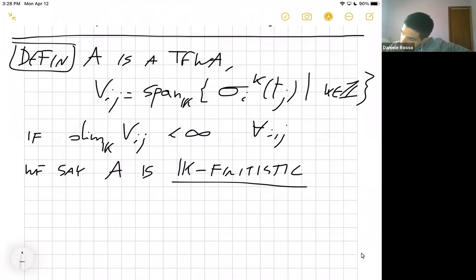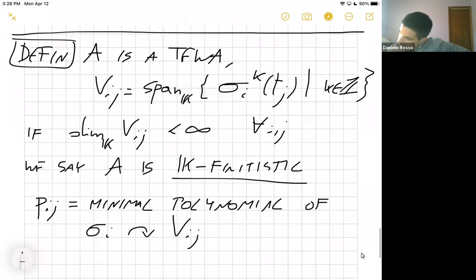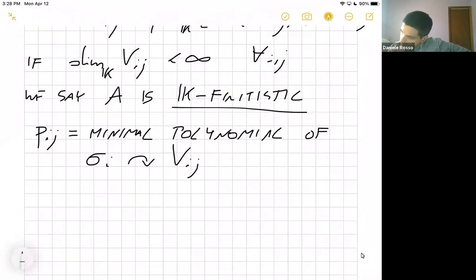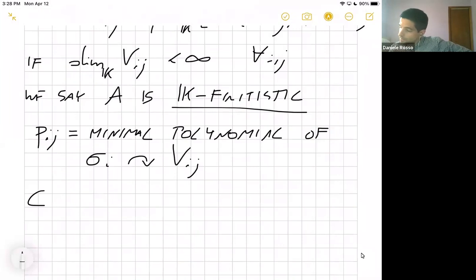So we take Pij to be the minimal polynomial of sigma I acting on this. And that's a finite dimensional space, so this minimal polynomial exists.